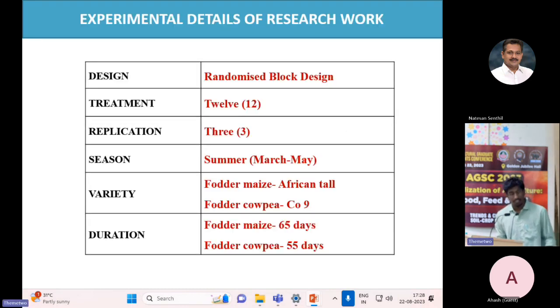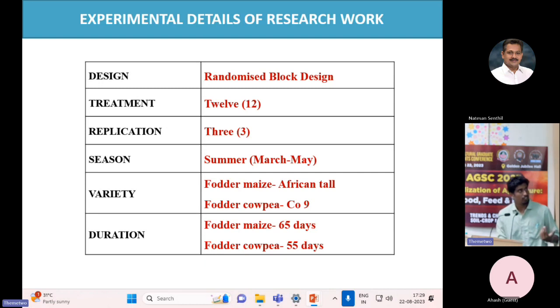I conducted this experiment in a randomized block design with 12 treatments and 3 replications, during the summer months. I used fodder maize variety African Tall and fodder cowpea. The African Tall seed rate is 40 kg per hectare, and for cowpea 25 kg per hectare. I sowed in a paddy row system, 60 by 30 centimeters between the rows, and 10 by 10 centimeters between the plants in an additive series.